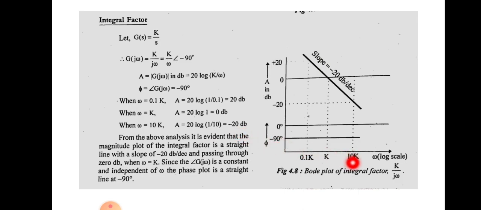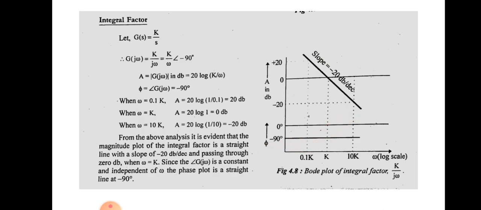So for 10k, the graph is at minus 20 dB. When we join these points, we will get a graph like this, and its slope is negative. See, when log omega increases, the magnitude decreases like this. So the slope is minus 20 decibel.